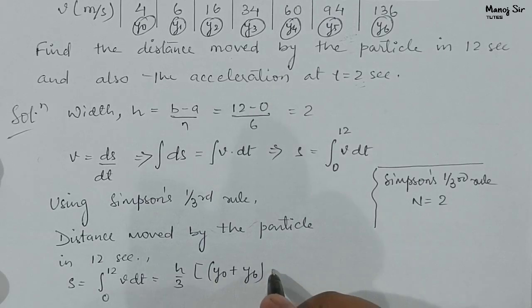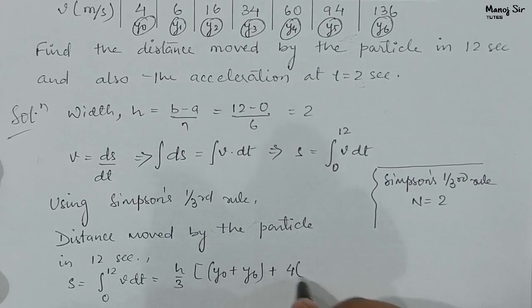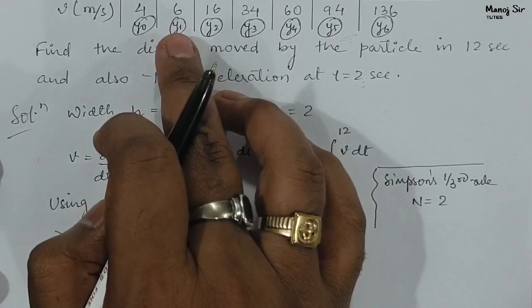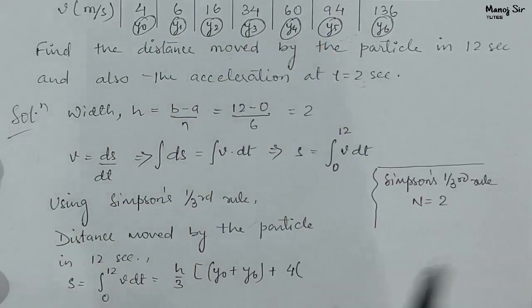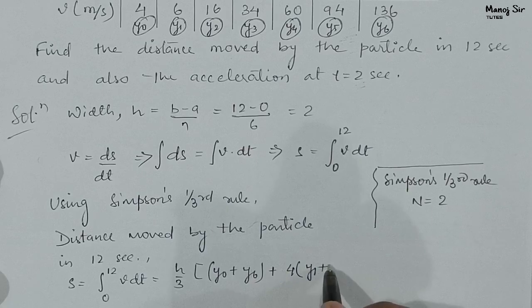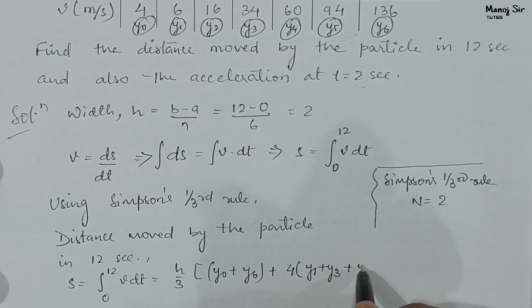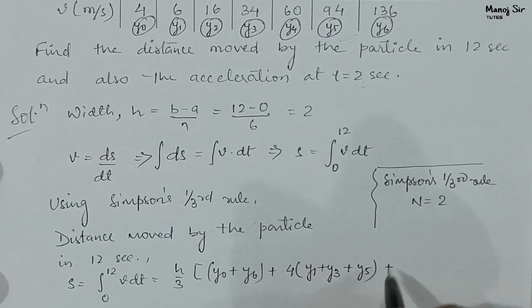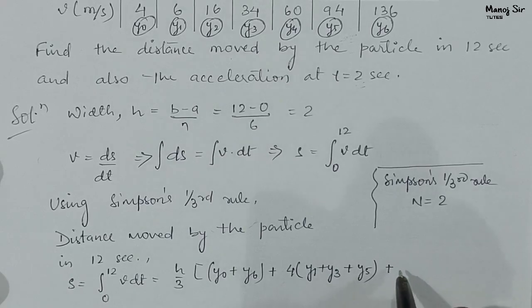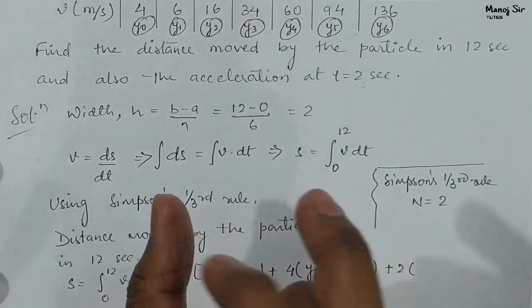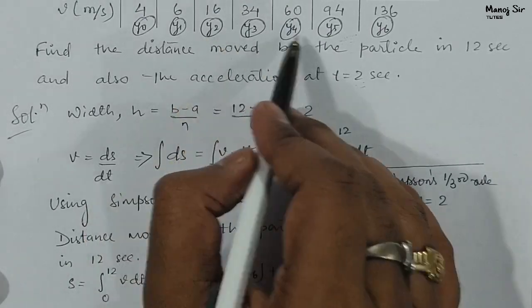Close this bracket. Then 4 into odd subscripts of y, that is y1, y3, y5, so y1 plus y3 plus y5, plus remaining values, that is twice into even subscripts of y, that is y2, y4, y6.